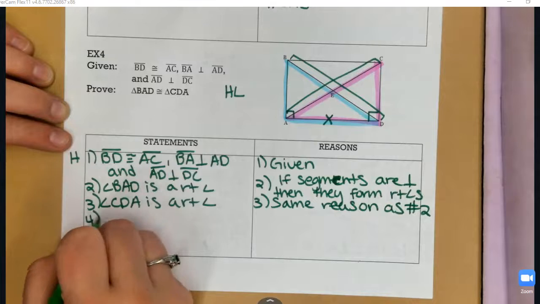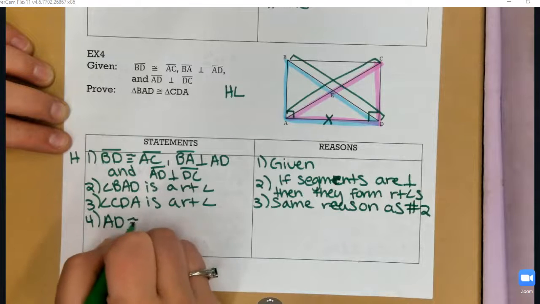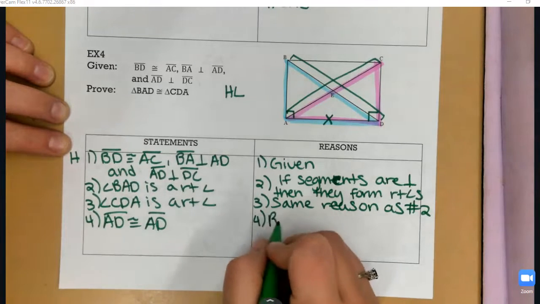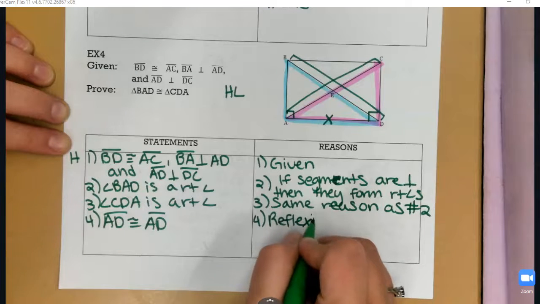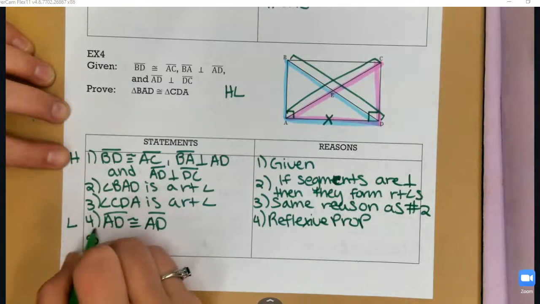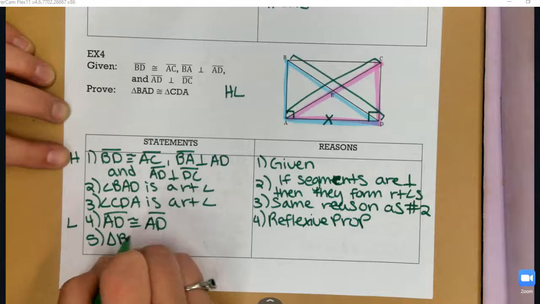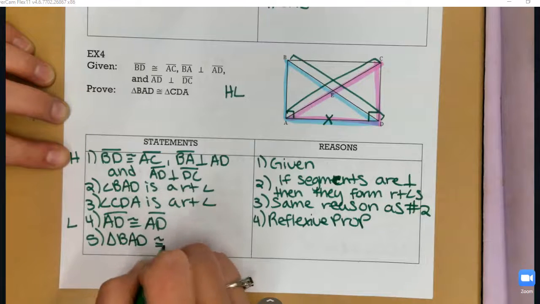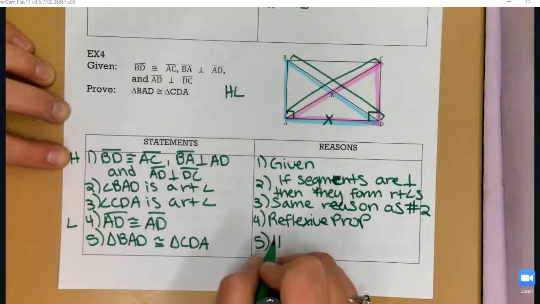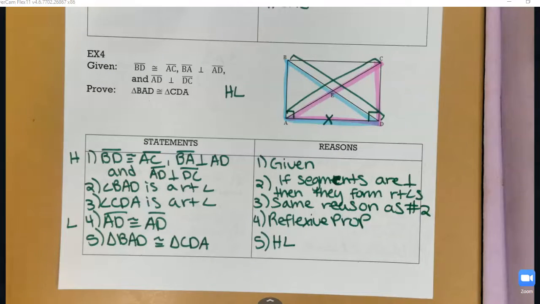All right, and then lastly, I'm going to say AD is congruent to itself by the reflexive property. So there's my leg, which means I can finally say triangle BAD is congruent to triangle CDA, and my reason is HL. And that's it.